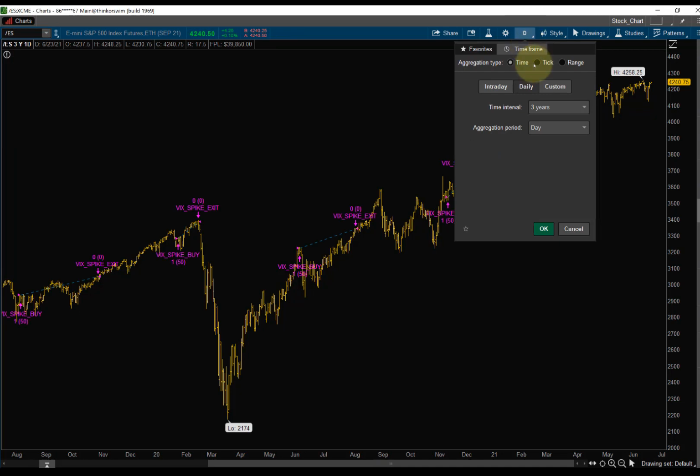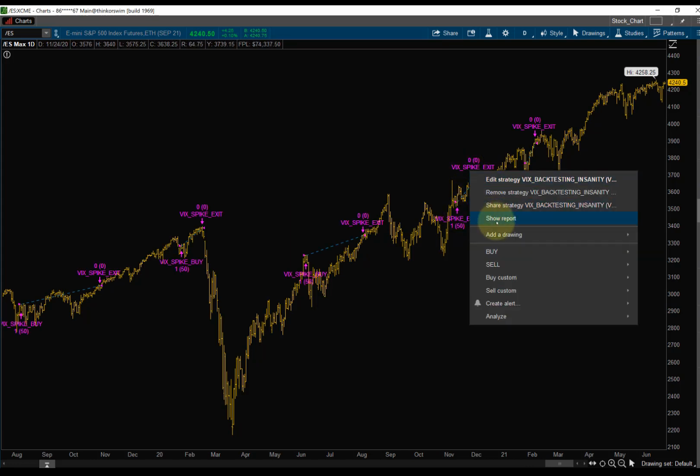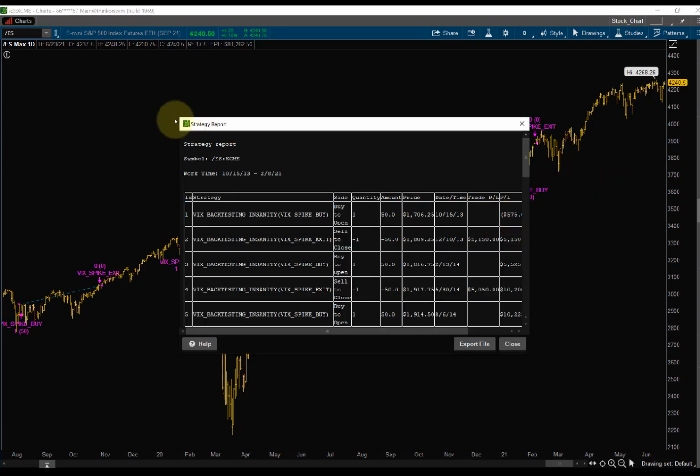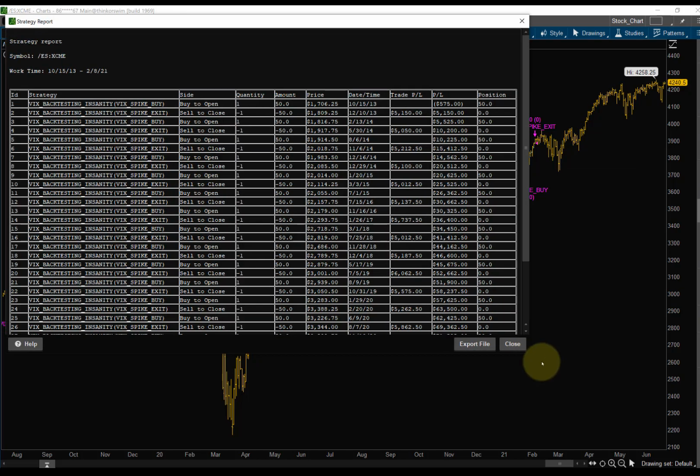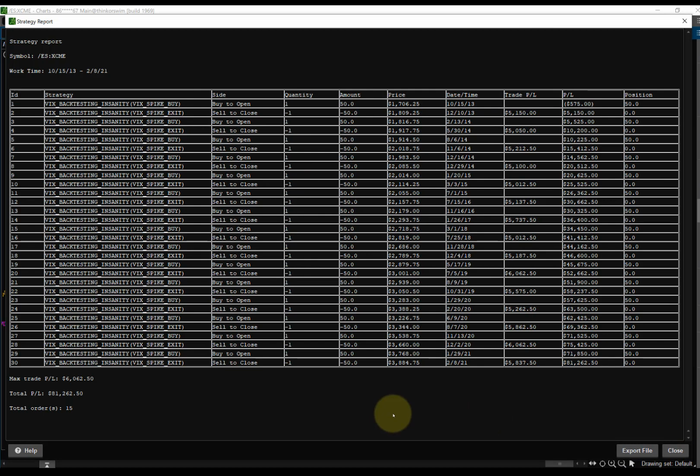And let's look at as much data as we can assess from this thinkorswim. Right click, show report. This is our backtesting report on the VIX trading system, which is those buy signals. You can see we've had 15 round turns, so 30 total trades going back to 2013.